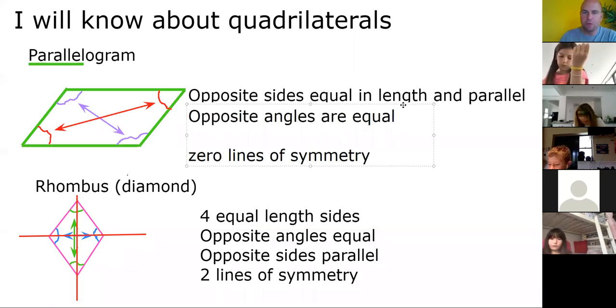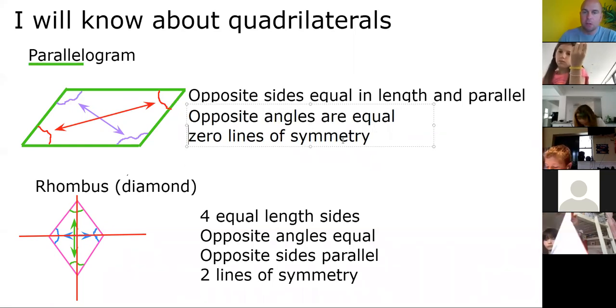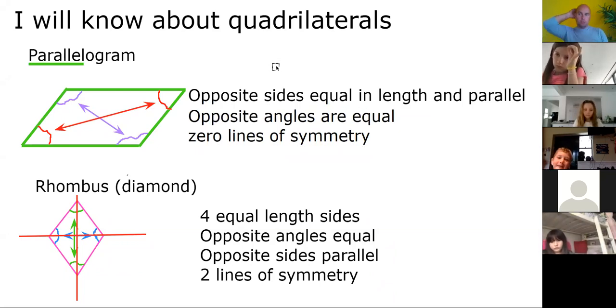Okay. What I want you to do is take your time now. Draw a shape, if you can, on a piece of paper, try and cut them out. Just check the lines of symmetry. Yeah, if you get a spare piece of paper, it's quite nice if you can get maybe a 7 centimetre length and a 5 centimetre length for a parallelogram.